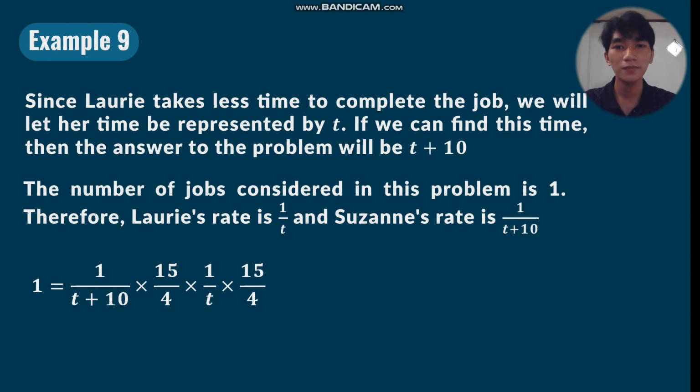The number of jobs considered in this problem is 1. Therefore, Laura's rate is 1 over t and Susan's rate is 1 over t plus 10.